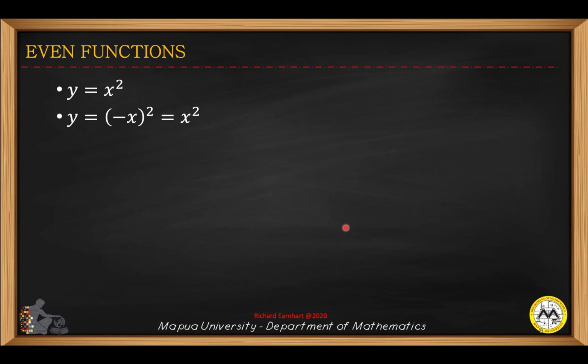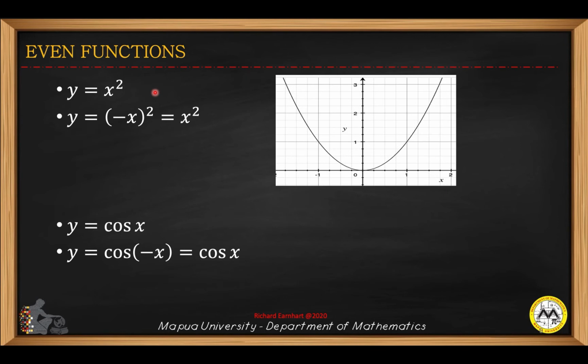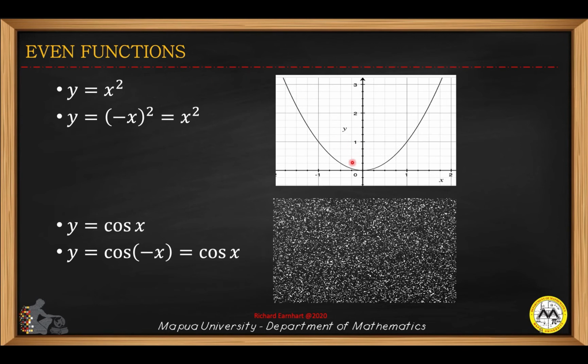So y equals x squared is a parabola, which is an even function because the square of negative x is x squared, which is equal to the original function. Also, the cosine function is known to be an even function because cosine of negative x is the same as cosine of x. This is the graph of the parabola y equals x squared.